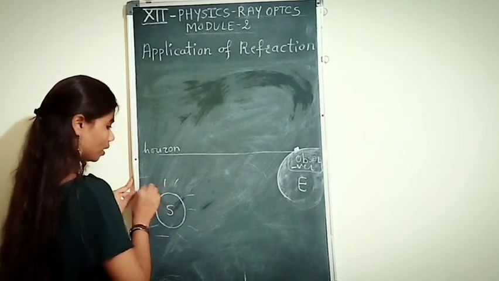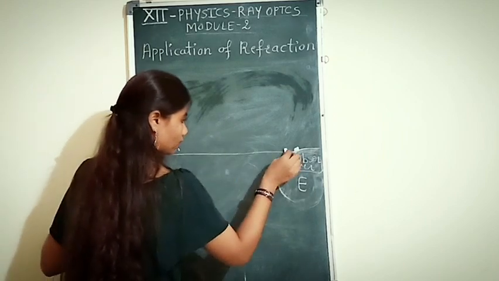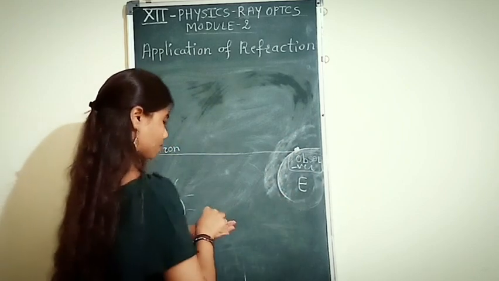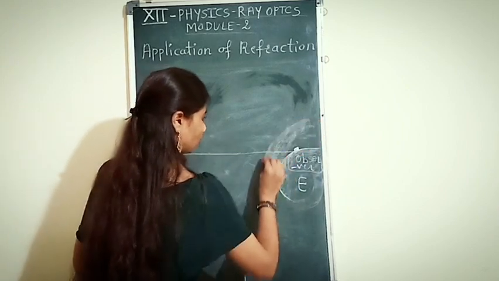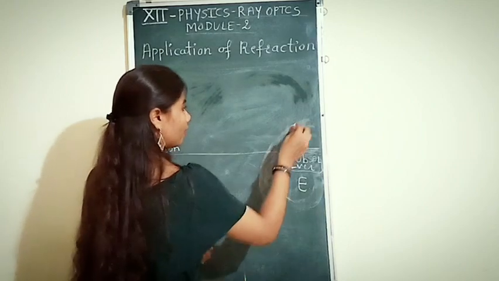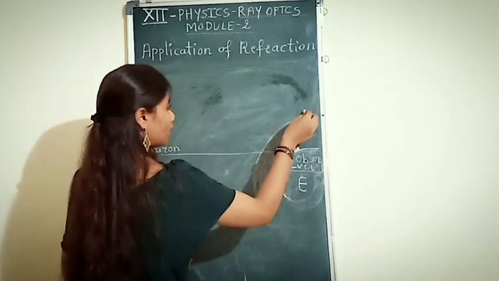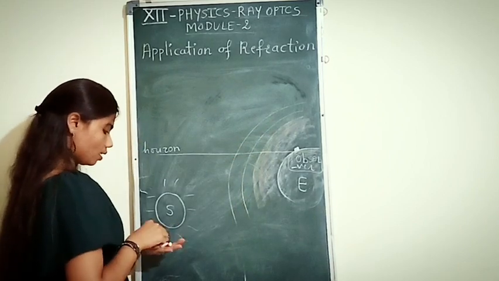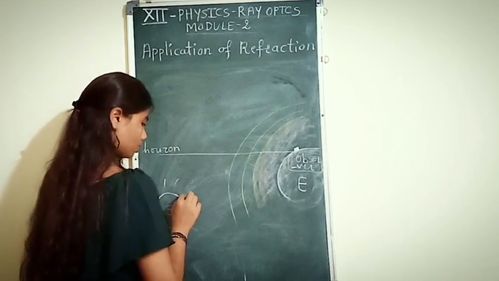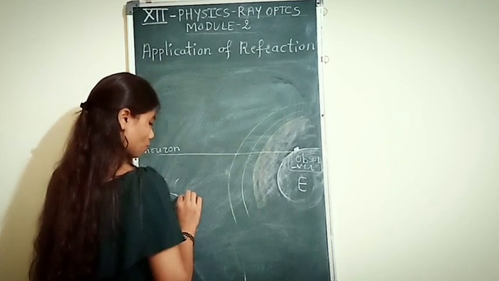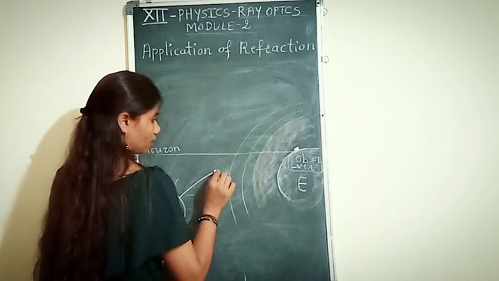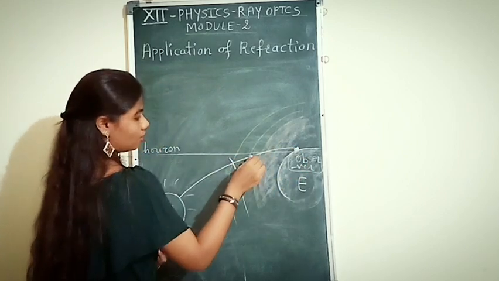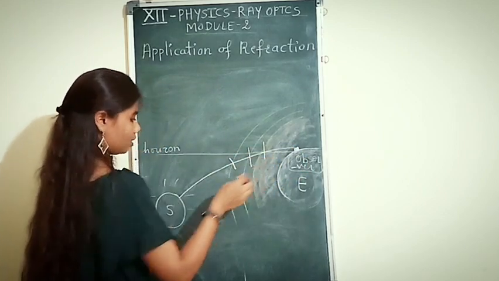And just now I told you that near the earth the atmosphere is more dense, right? And then layer by layer its density, and thereby its refractive index, decreases. Now the ray coming from the sun gets diverted at each stage, right?